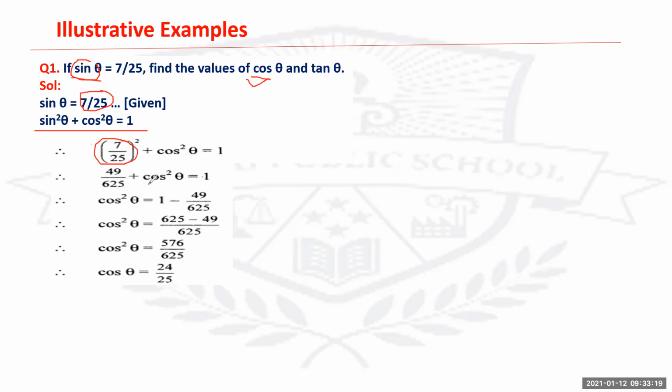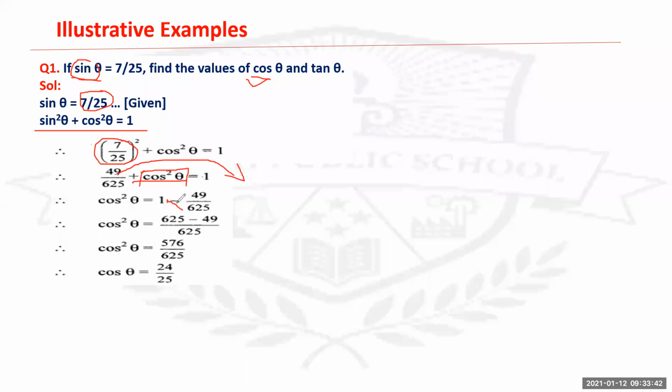Now you want the value of cos square theta, so you keep cos square theta on one side and change the position of 49 upon 625. Plus 49 upon 625 becomes minus when it goes to the other side. So cos square theta equals 1 minus 49 upon 625.